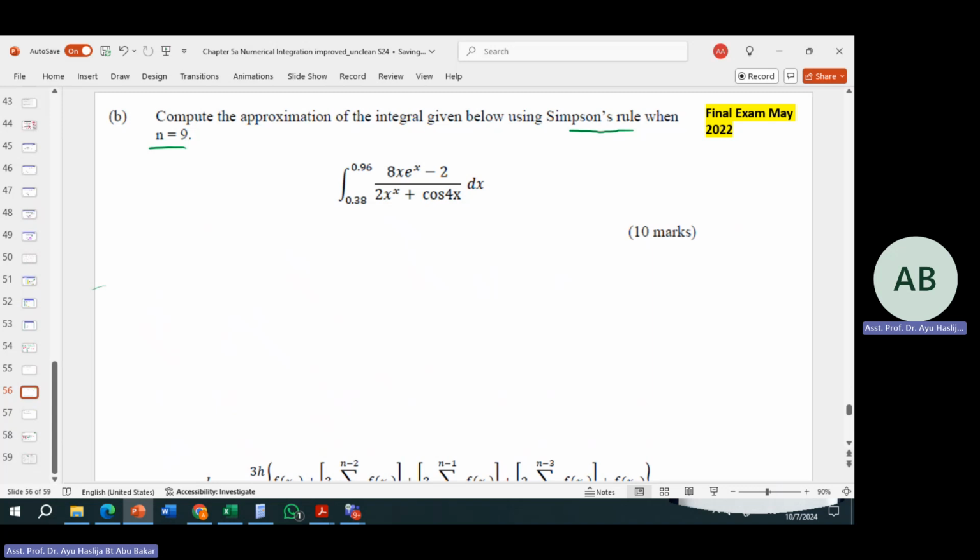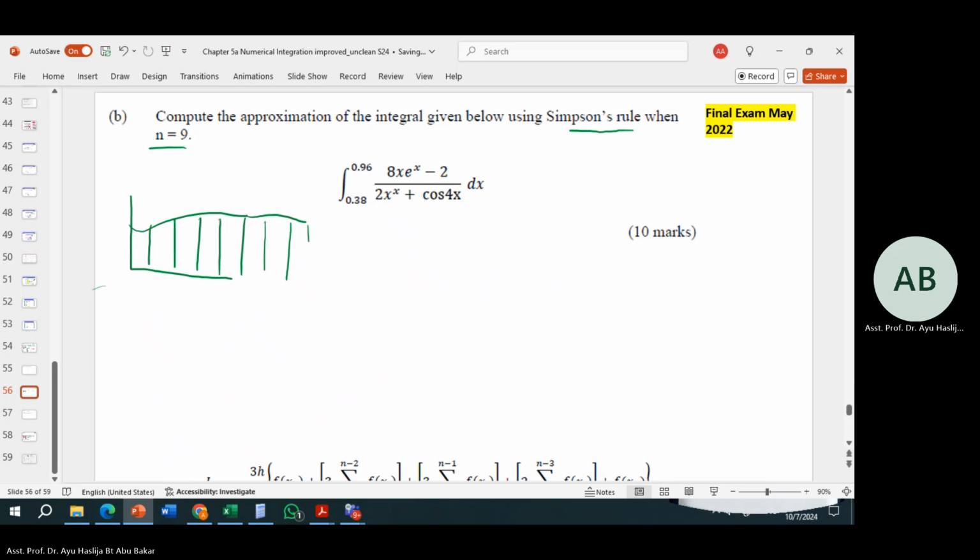How to know? Not simply by memorizing the table just now. You should understand. If n is 9, you will have 10 points.